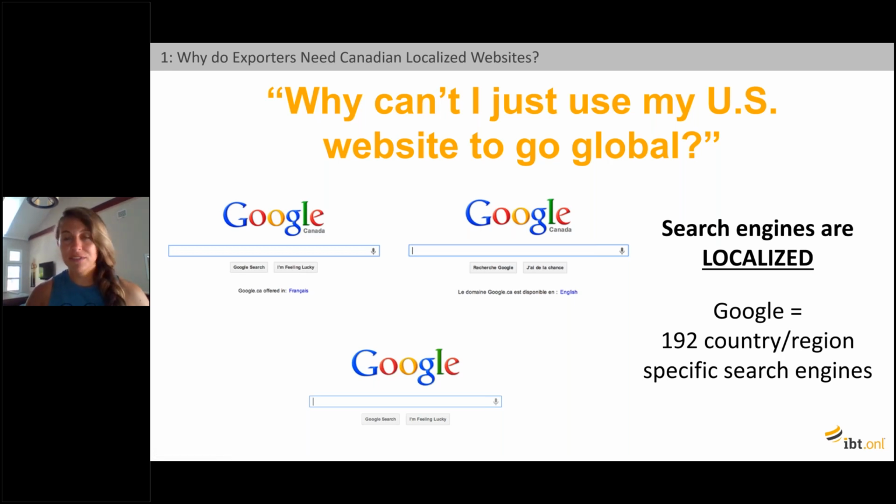Search engines, and here we've taken Google as the main example, but the same thing applies to others around the world like Yandex, Bing, Baidu, and nowadays even YouTube, Amazon, Facebook, they're all used like search engines. And all of these platforms, what they have in common is that they are searcher-centric. Google itself has 192 country and regional specific search engines.